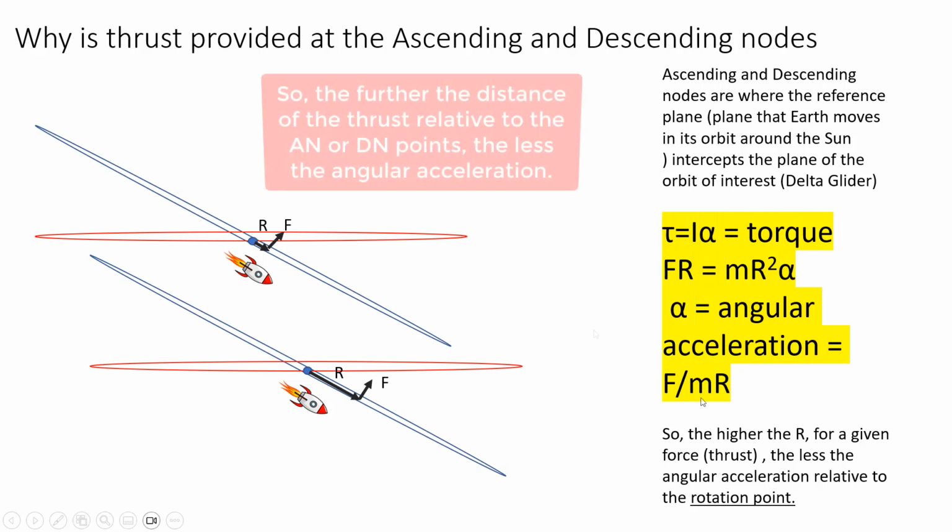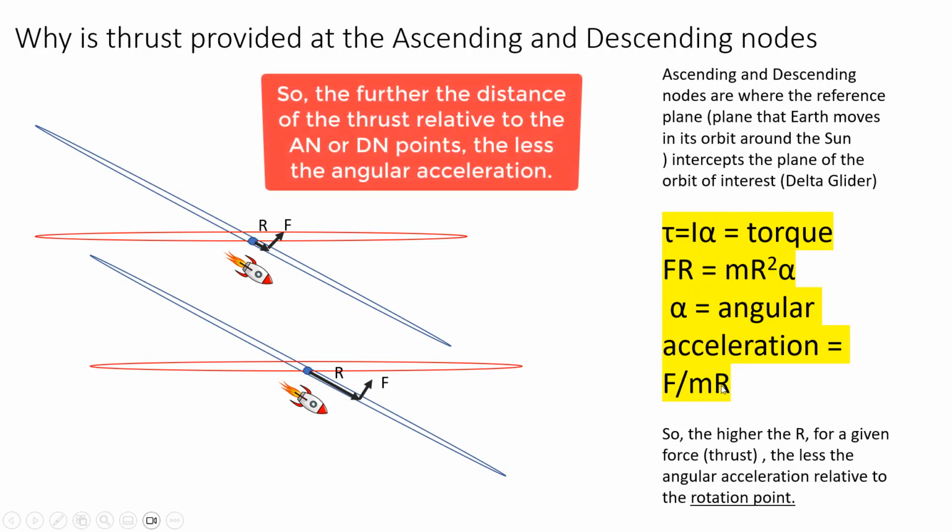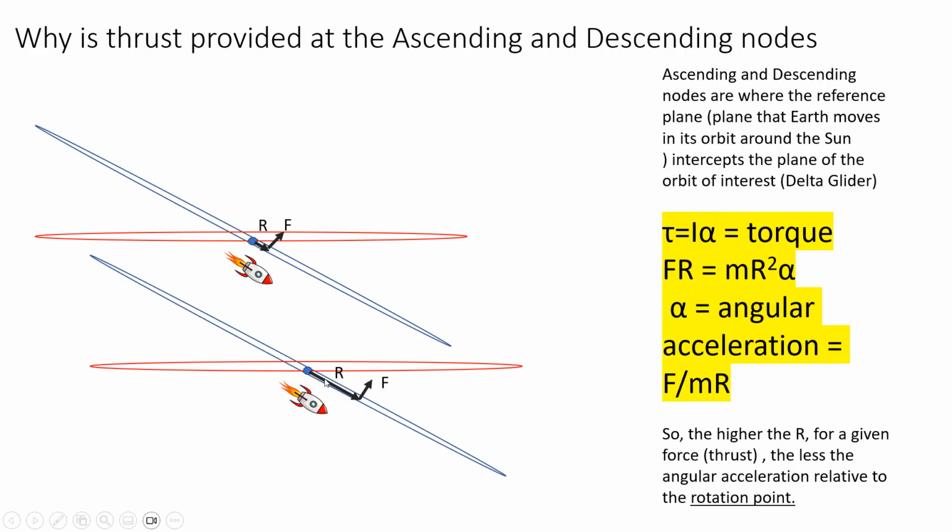As you can see, the further the thrust is from the rotation point, in other words, the greater the r, the less is the angular acceleration, which is acceleration in this direction. So that proves mathematically you're going to have more of an effect of an orbital plane change if the thrust is provided as close to the ascending or descending nodes as possible versus providing that same level of thrust quite a distance away from those ascending or descending nodes.